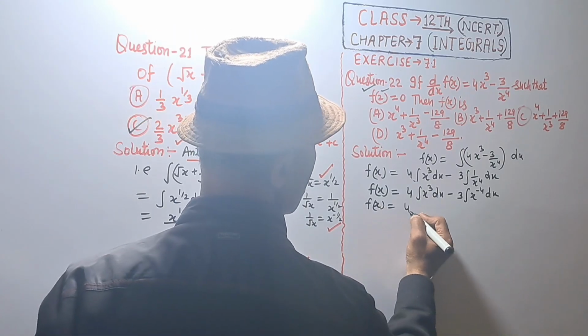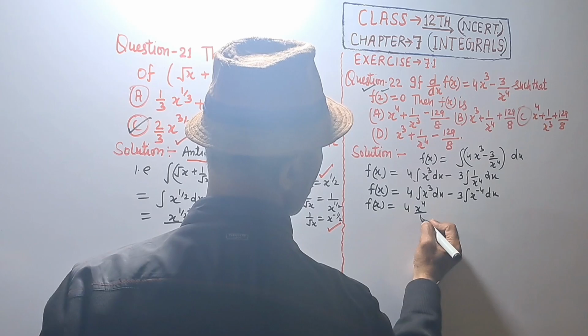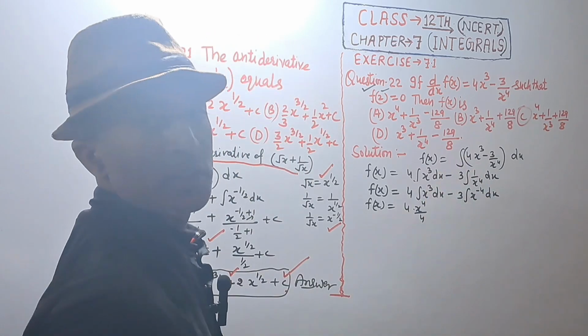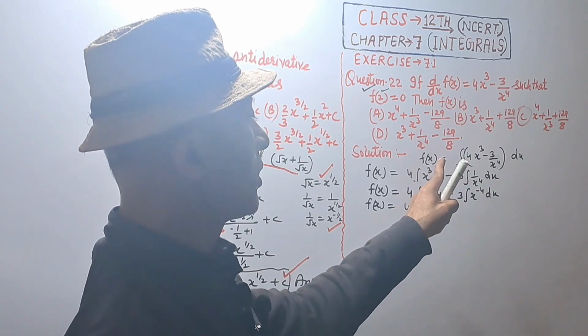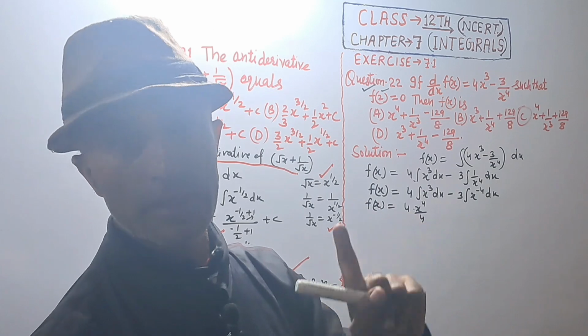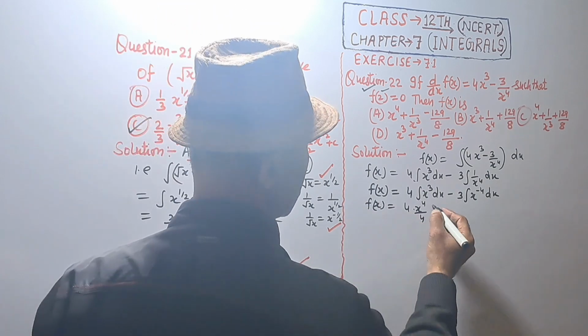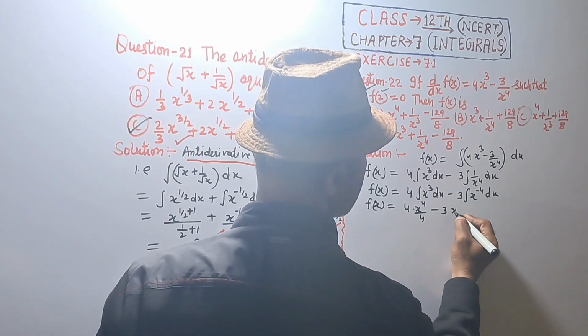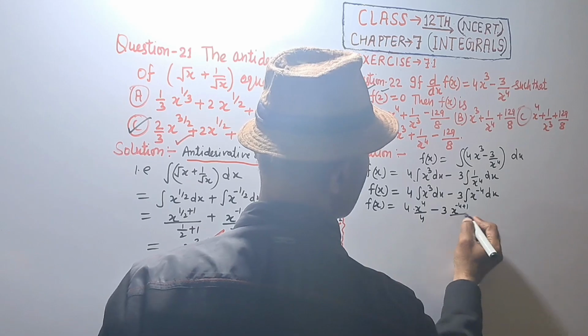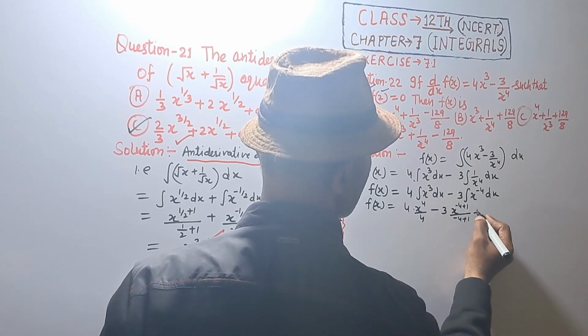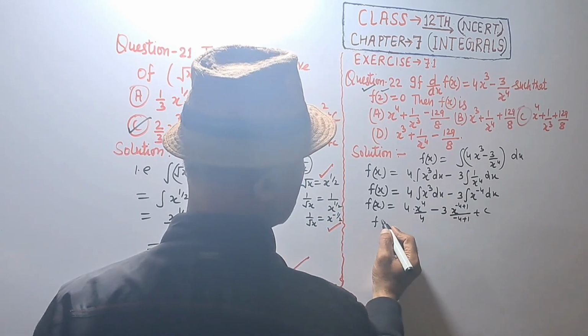And integration of x raised to power 3: f(x) equal to 4 into x raised to power 4 upon 4. Integration of x raised to power 3 equal to x raised to power 3 plus 1 upon 3 plus 1, minus 3 into x raised to power minus 4 plus 1 upon minus 4 plus 1 plus constant c.